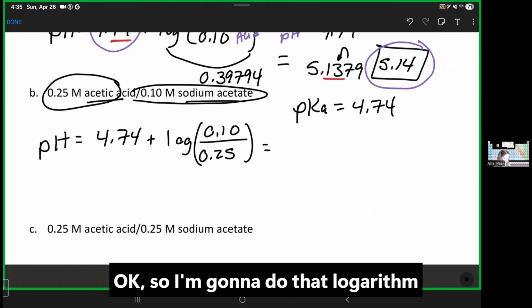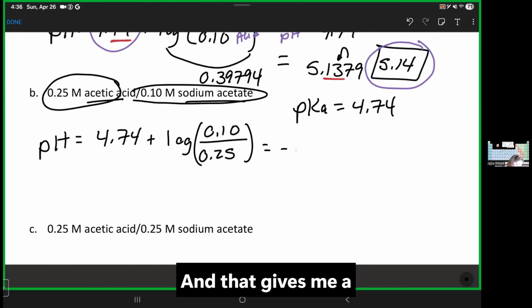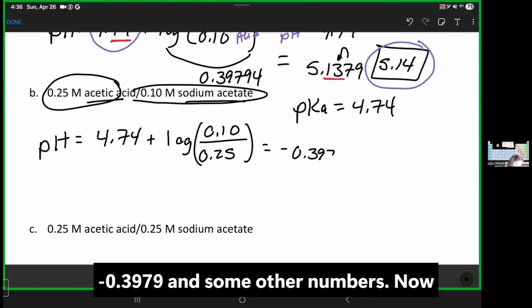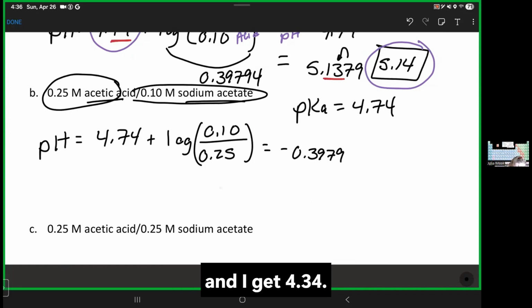Okay, so I'm going to do that logarithm first. And that gives me a negative 0.3979 and some other numbers. Now I add that to the 4.74, and I get 4.34.